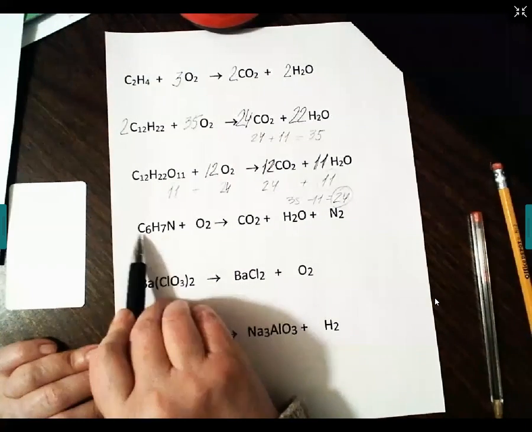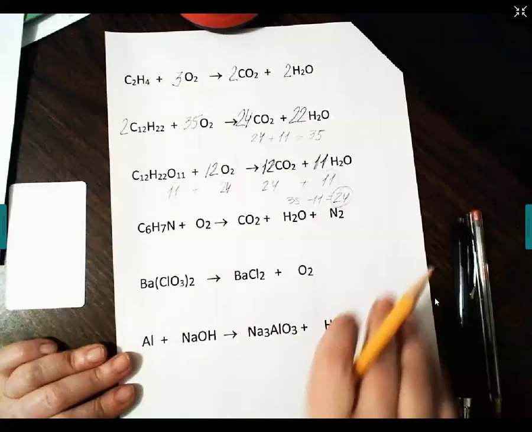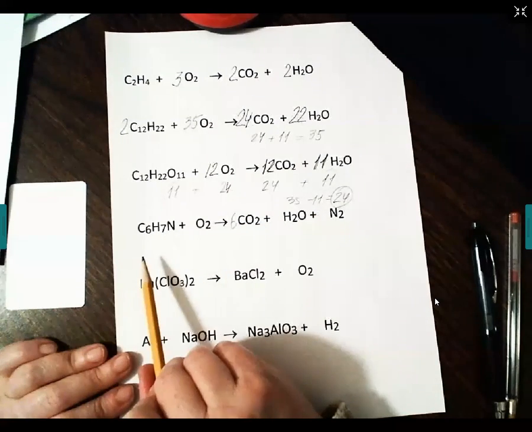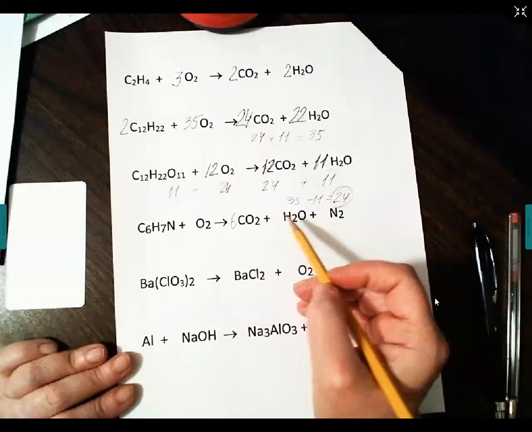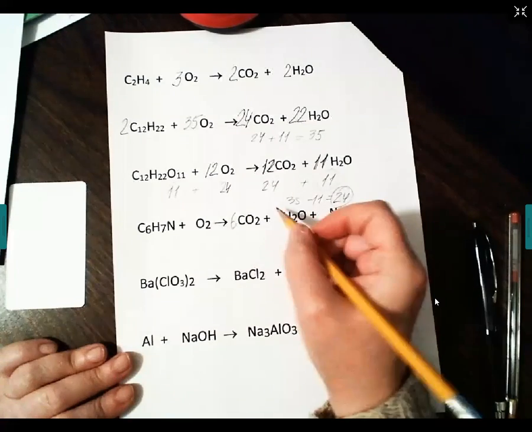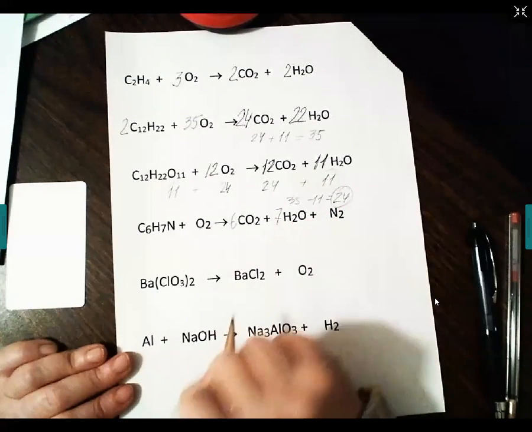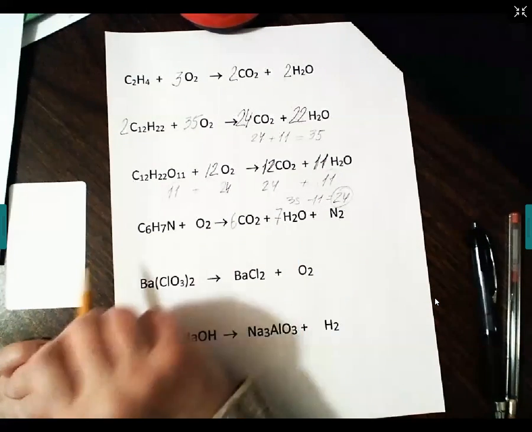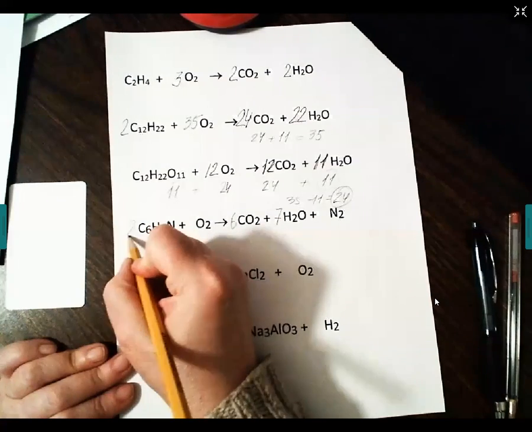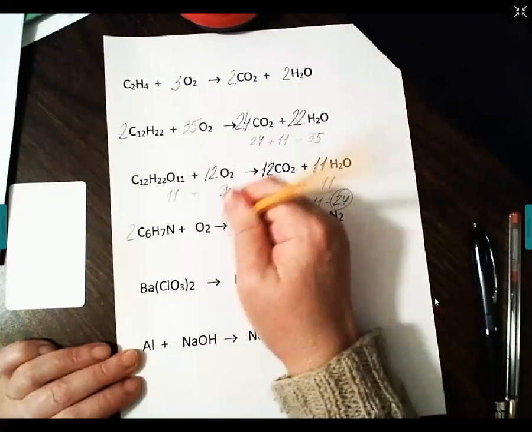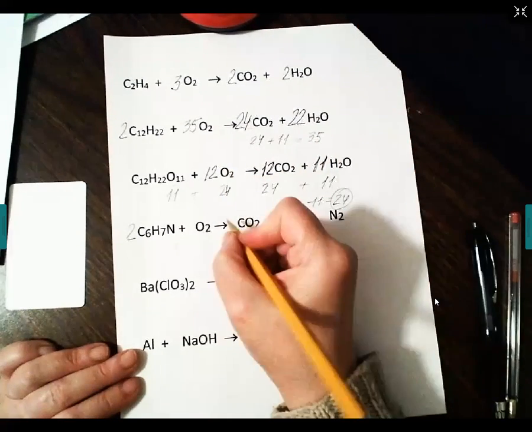So 6 carbons, we need to put coefficient 6 here. 7 hydrogens, we cannot divide it by 2 and get 3.5. So we need to put 7 here. If we put 7 here, we'll get 14 hydrogen atoms. So we need to put 2 here, and this changes our number of carbons. So instead of 6, now we should put 12.